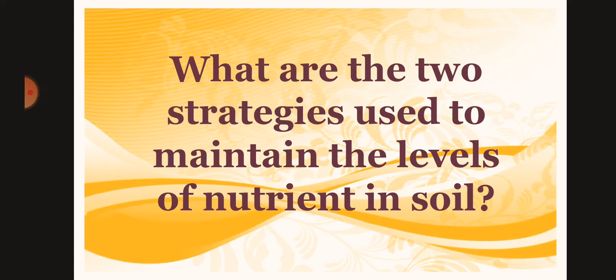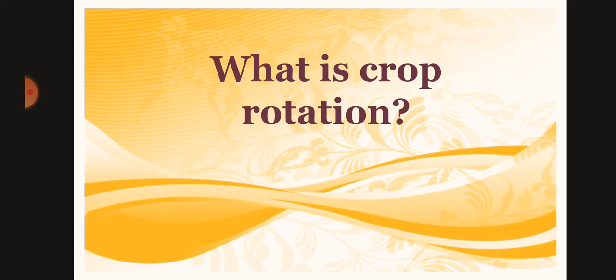So the question is, what are the two strategies used to maintain the level of soil nutrients? Crop rotation and mixed crops are the two organic ways to maintain the nutrient level of soil. Now we come to the next question. What is crop rotation? Crop rotation is a practice in which different kinds of crops are grown in a year or in a part of a year.